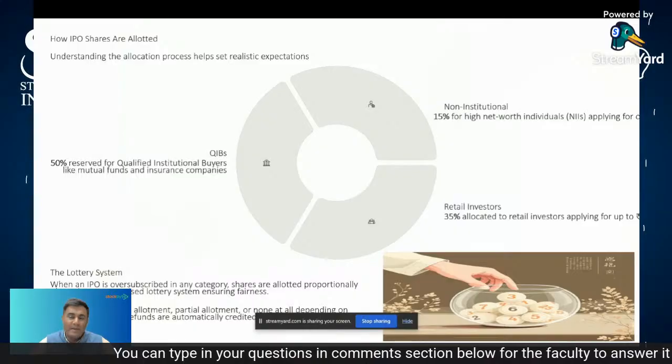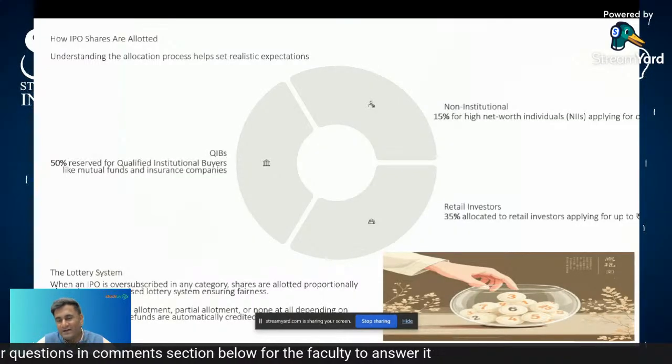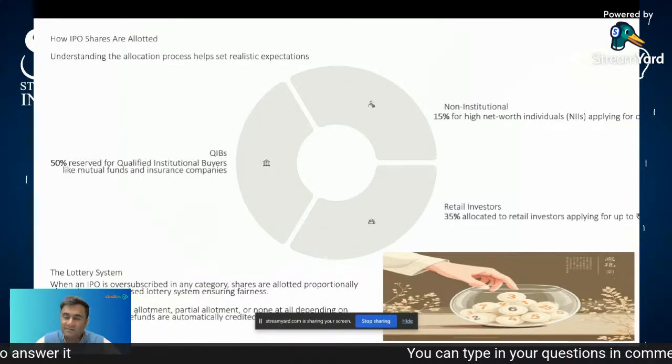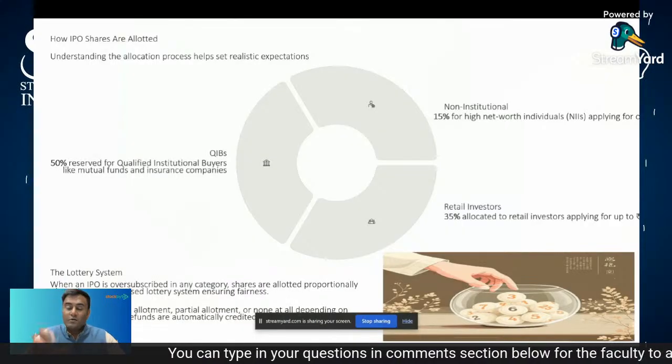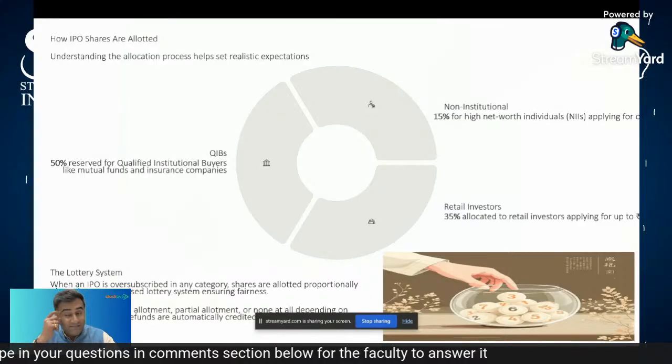This is something many participants are not aware of. I've had chats with people who apply to every IPO under the sun but are still not aware of this part: how is the retail investor allocation quota decided? Okay, so do keep this in mind, friends.